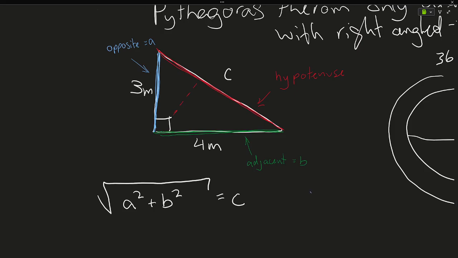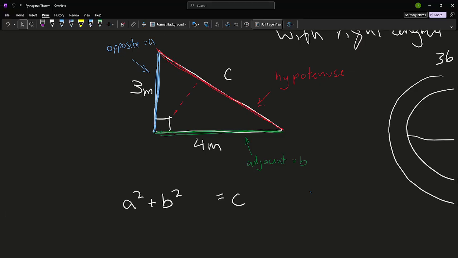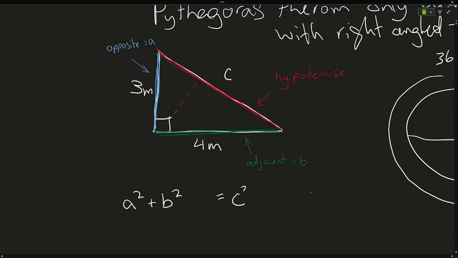So what this equation is saying is that if we have A squared plus B squared, this will equal C squared.